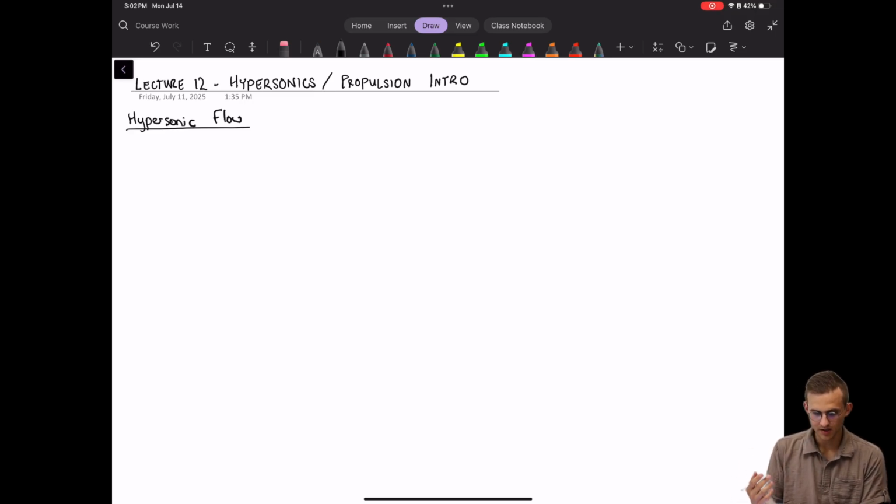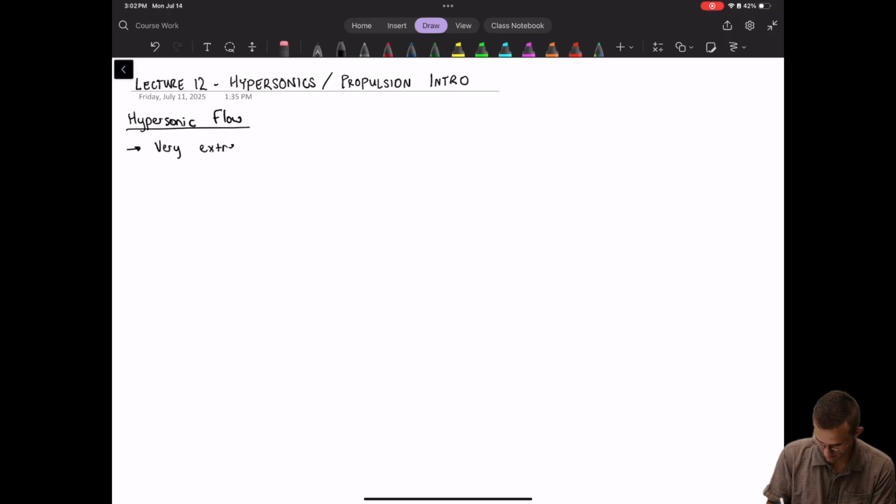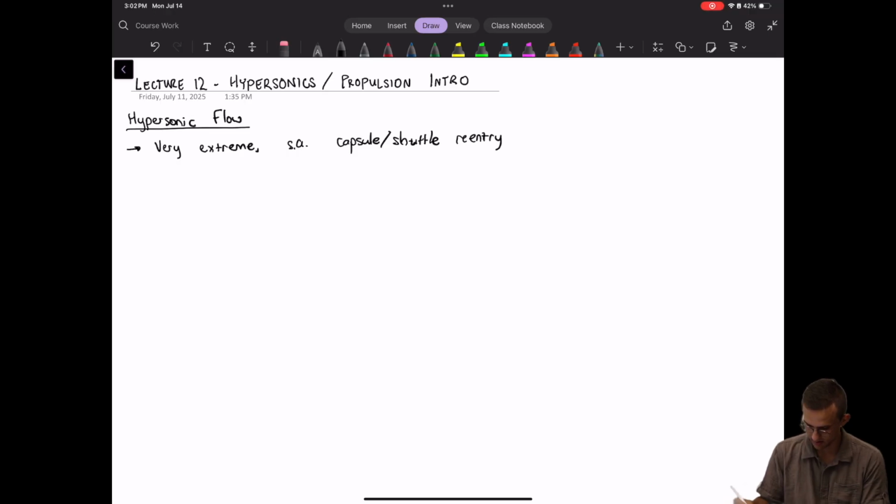Think of a capsule or the space shuttle re-entering, such as the capsule or shuttle reentry, or a more current example would be Starship.